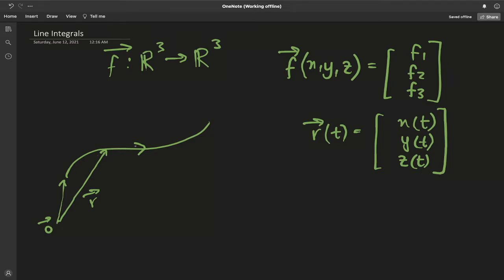So the dr, the instantaneous change in the position vector, is going to look like something like this. At each point it is going to be tangential to this curve. So dr is like the tangent vector.